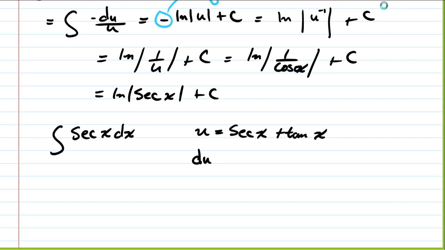So du is the derivative of secant, which is secant tangent, and the derivative of tangent is secant squared x dx.